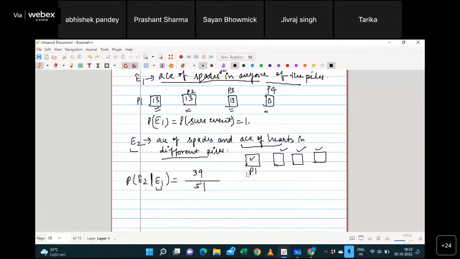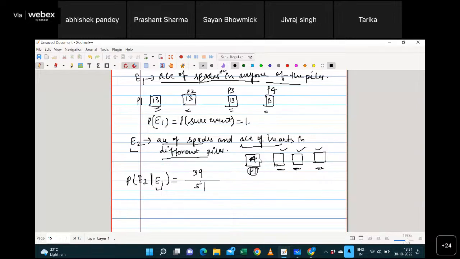Suppose E1 has occurred. E1 has occurred means the ace of spades is in, suppose, pile 1. The E2 event is saying that the ace of spades and the ace of hearts are in different piles. That means the ace of hearts should be in any one of these three piles. So the ace of hearts can be in any one of these three.